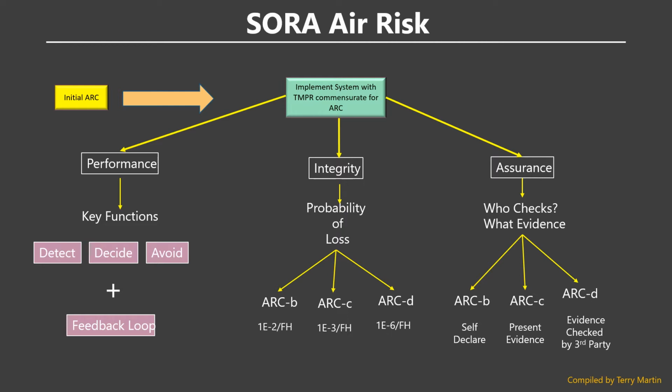But on the left-hand side, there's an additional bit pertaining to performance and an expectation that the ecosystem that you have has components of detect, decide, avoid, and a feedback loop.